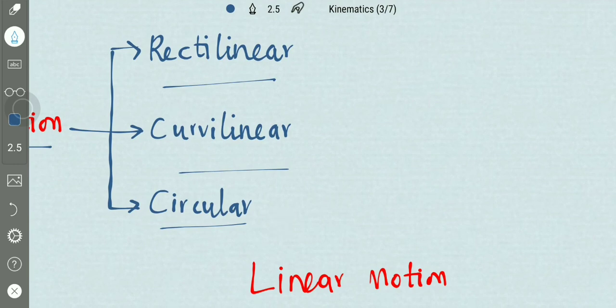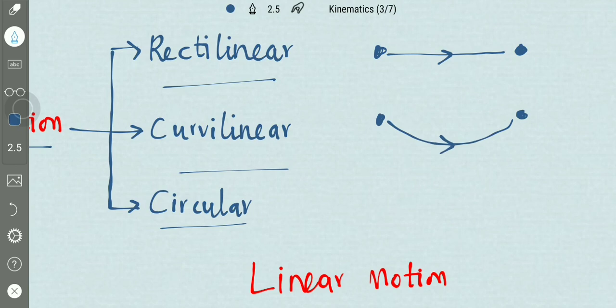The body travels from one point to another. It can travel in a straight line. This is called rectilinear motion. It can travel in a curved line. This is curvilinear motion. And a body can travel from its own point and again return to its point. It is called circular motion.